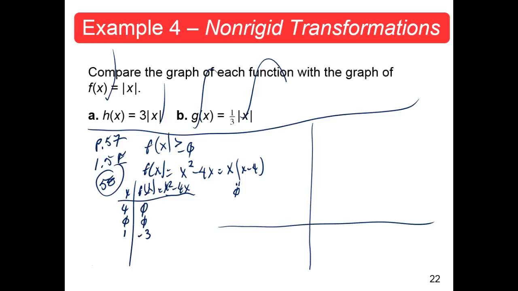Let's pick something outside of 0 to 4. 5. Let's do 5. And what do you get there? Okay, how did you do that? Height. Okay. 5. Okay, does everybody see that?